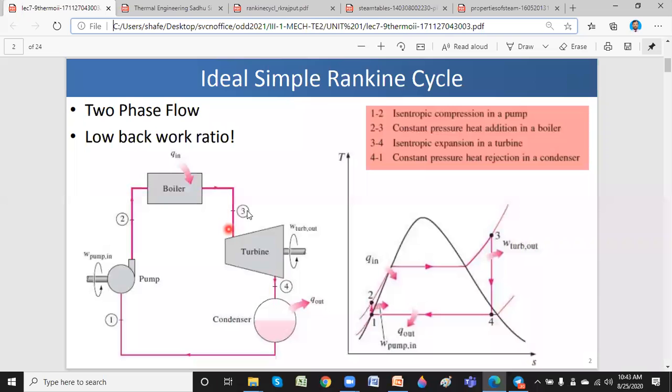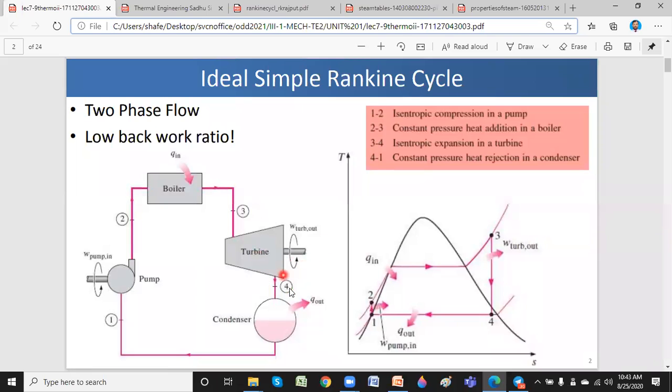At 3 it is high pressure, high temperature steam, which expands from 3 to 4 in a device called the turbine. This is an expansion device, which produces mechanical work. So 3 to 4 is expansion and it produces the mechanical work.